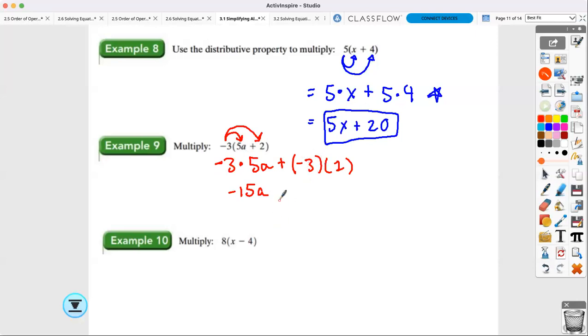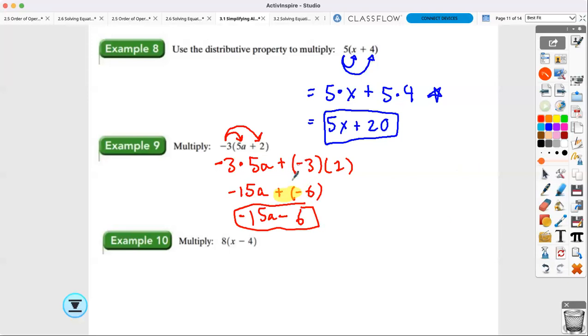Negative 3 times 2 is a negative 6. Class, what happens when we have a plus a negative? What operation does this condense to? Who remembers? Well, everyone should remember that plus a negative is the same thing as minus 6. Bring down the 15a and we're done.